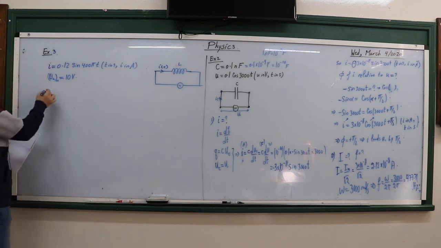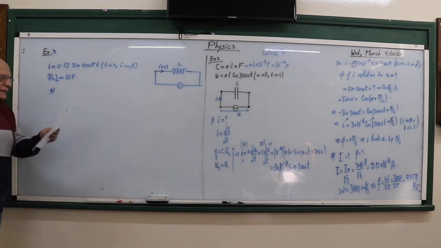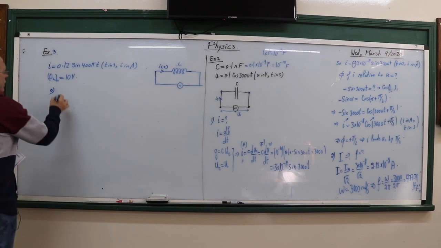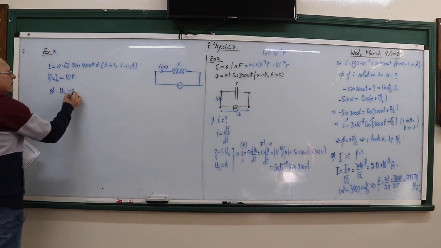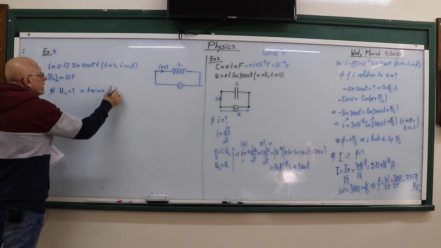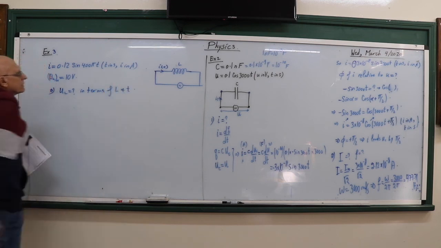Part A says express UL of the coil in terms of L and t.